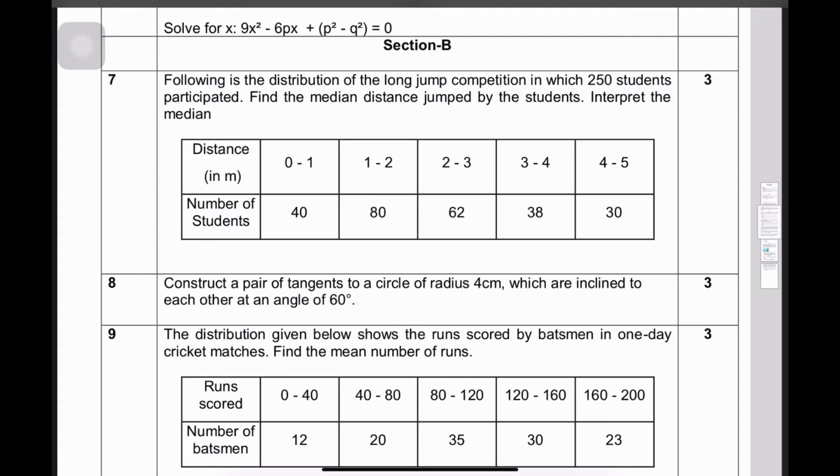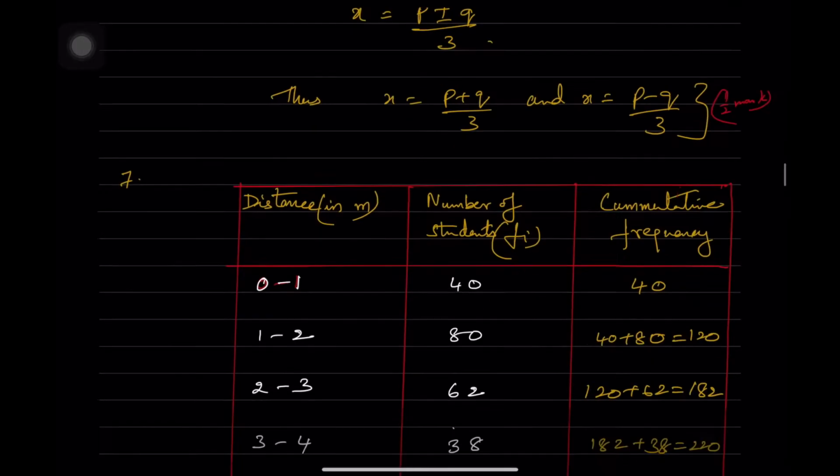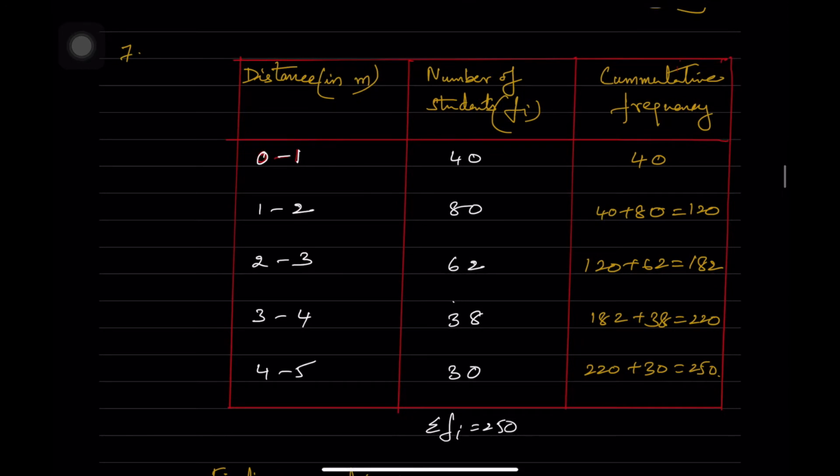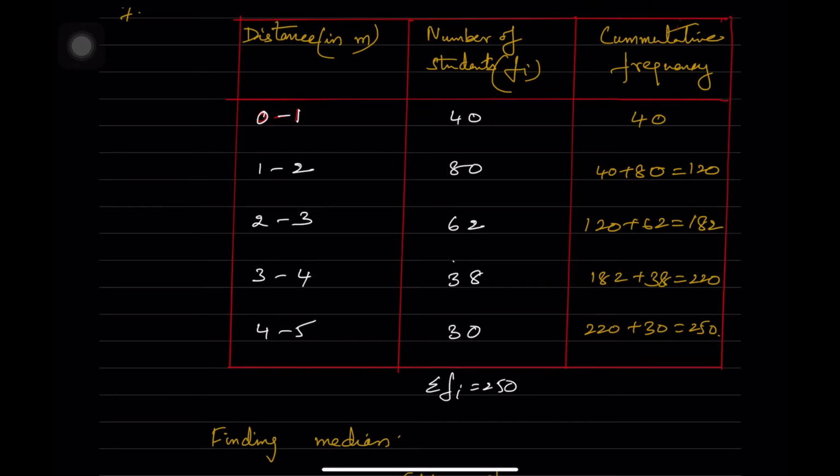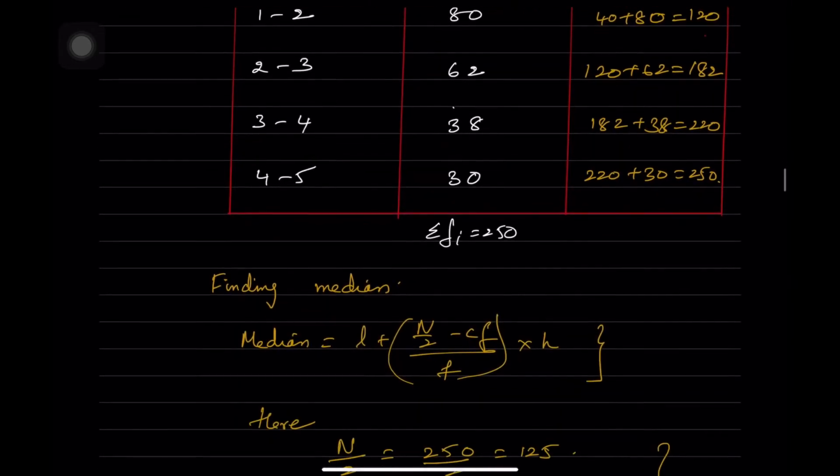So we have to find the cumulative frequency for this, and then using the median formula we'll find the median. Here we have distance in meters, number of students as Fi, and cumulative frequency. The first cumulative frequency is 40, then 40 plus 80 is 120, then 120 plus 62 is 182, then 220, then 250, and the total number of students is 250.